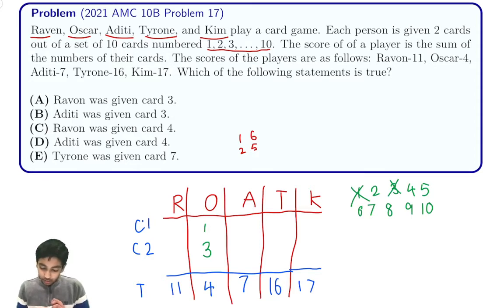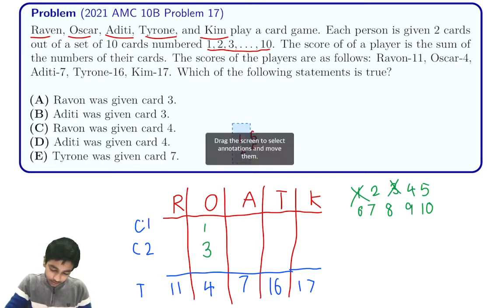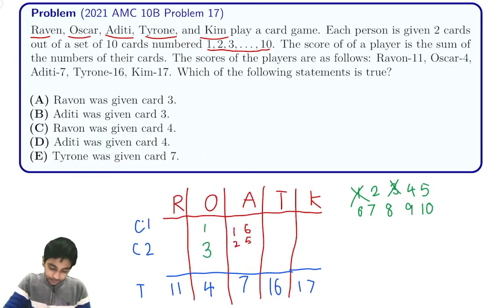Now, the next one we can also look at is maybe Tyrone. So let's look at Kim, because Kim is also the next restrictive condition. So Kim, what are the possibilities? Kim can have 7, 10, or 8, 9.